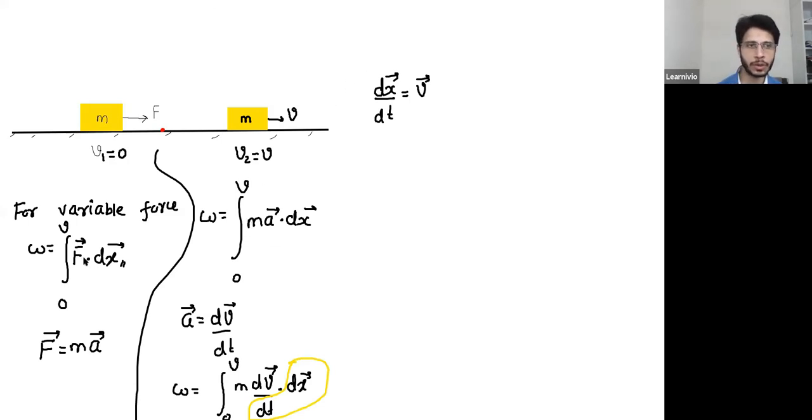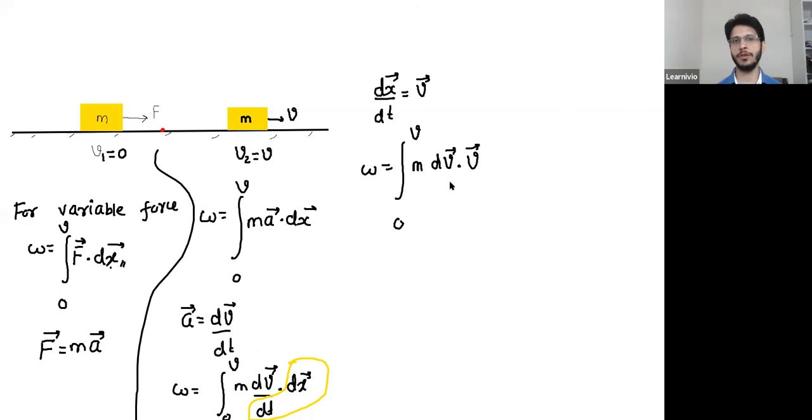I'm just trying to convert the integral, which is in terms of dx, to an integral which is in terms of velocity, because the limits are in terms of velocity. You don't have limits in terms of displacement. That's why we are converting in terms of velocity. So if I substitute it here, it's 0 to v, m dv dot v.